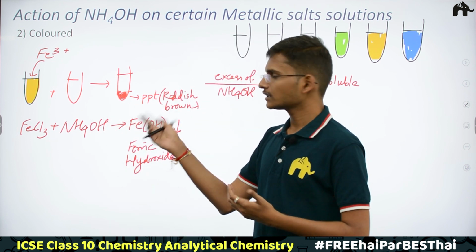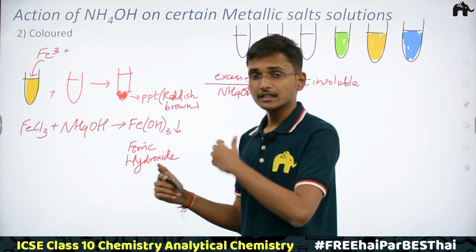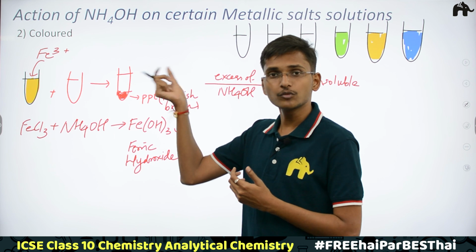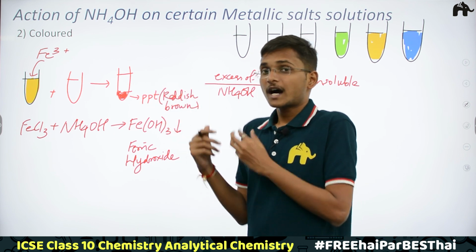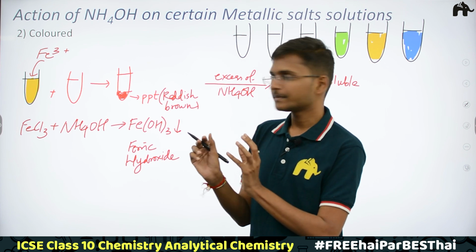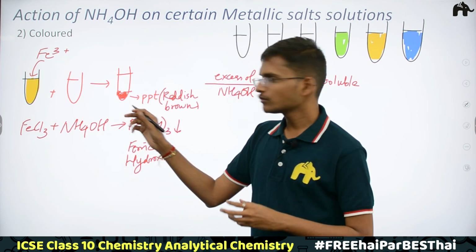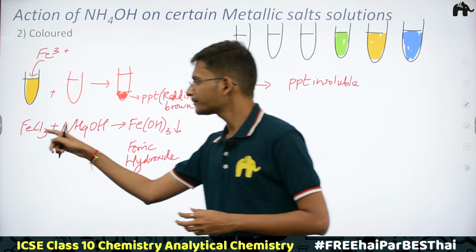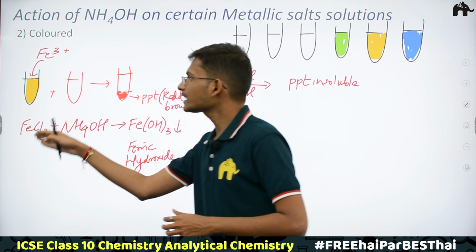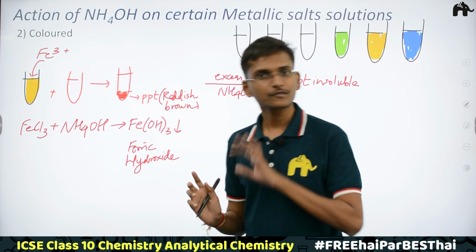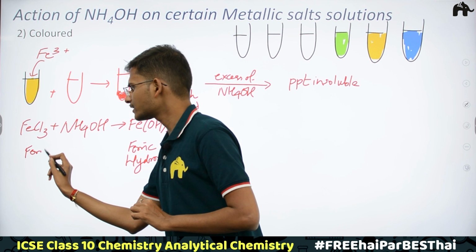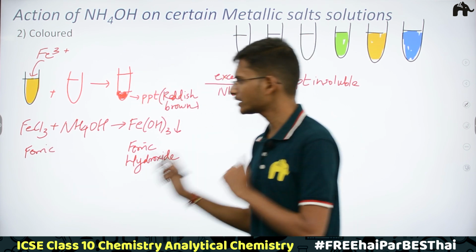Whenever a salt of iron has iron as the Fe2+ ion, such salts we start with ferrous. Now here, in FeCl3, our ion is the Fe3+ ion, so I am naming it ferric chloride, just the same as ferric hydroxide.